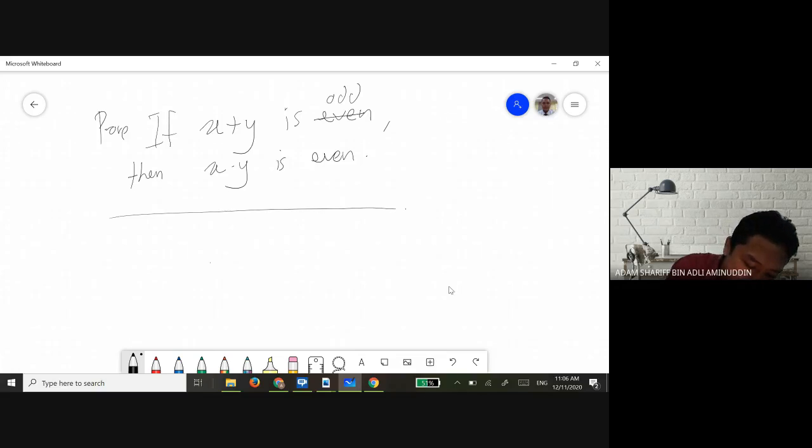Sometimes, actually, although this is not a proof, it's good for you guys to visualize the problem, right? Kalau X tambah Y is odd. Okay, maksudnya contoh, X sama dengan 1, Y sama dengan 2. X plus Y equals to 3. Betul.